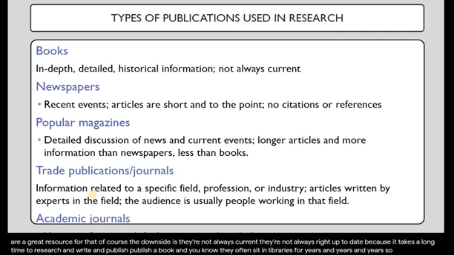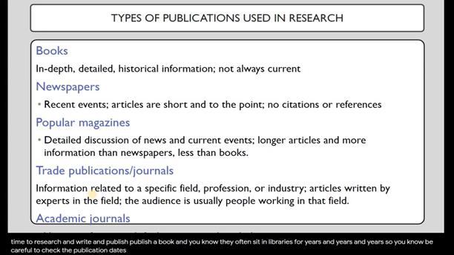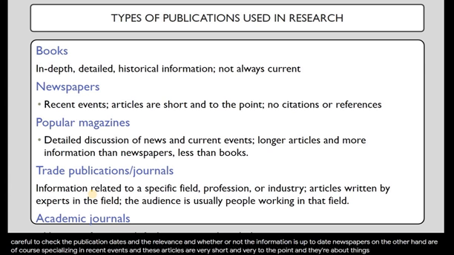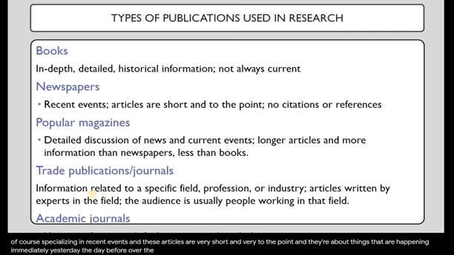So be careful to check the publication dates and the relevance and whether or not the information is up to date. Newspapers, on the other hand, specialize in recent events. These articles are very short, very to the point, and about things that are happening immediately: yesterday, the day before, over the past week.